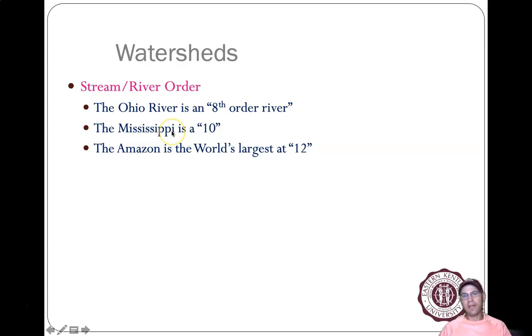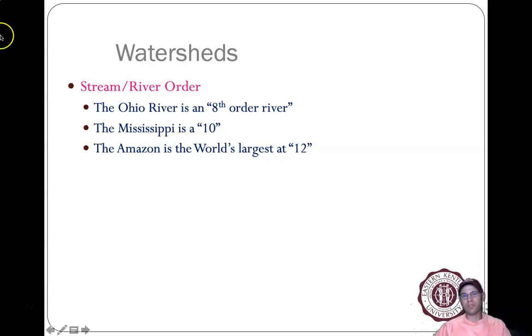Well, you have to think it takes the Ohio River and an Ohio River, or you could think of probably the Ohio River and the Tennessee River coming together becomes a 9th order. And then presumably the Mississippi is either a 9th order right there, and when they come together, it becomes a 10th order. It may be when the Missouri River comes in.